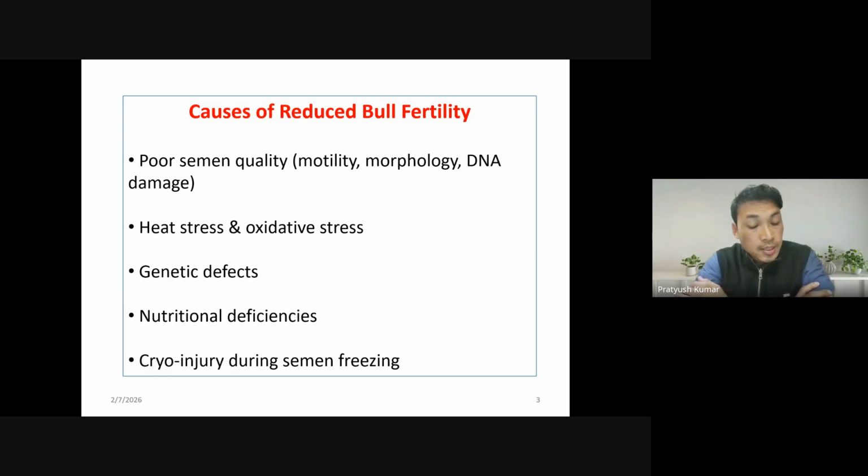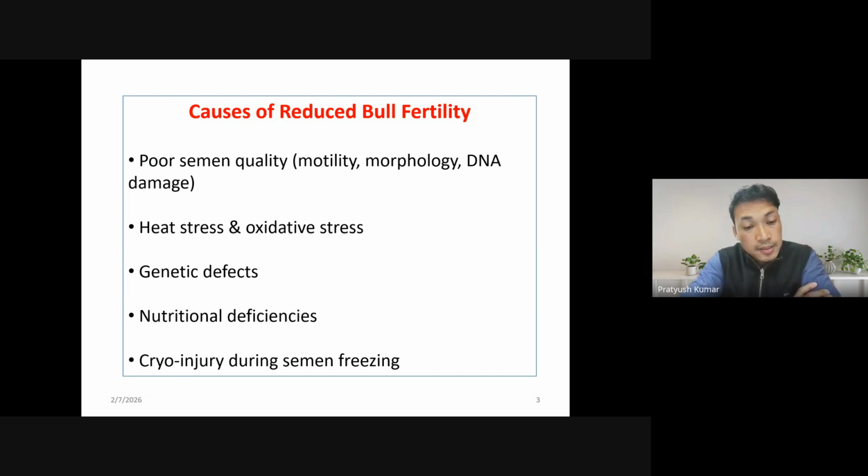The bull which we select from childhood, I mean male calves, beginning from 6 months of age, should be selected, and they should be provided good nutritional, balanced ration, to get a good quality bull as well as good quality semen.